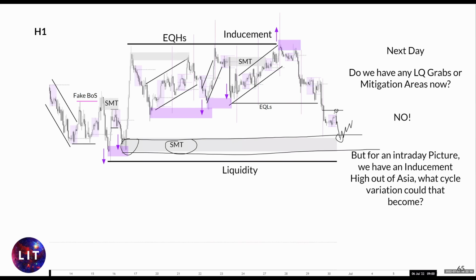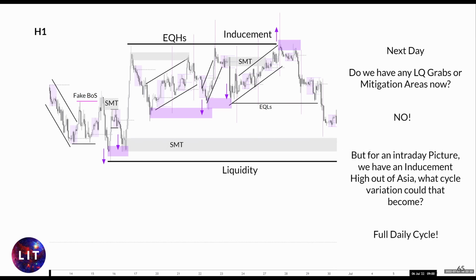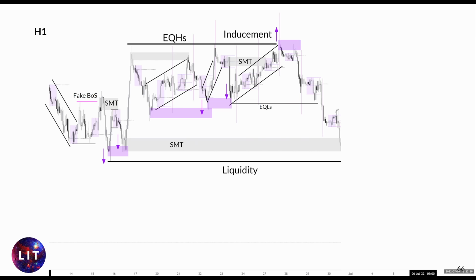What is this day then becoming? If this is inducement high, this taps into here, smart money trap gives a reaction. So inducement high, reversal in here. What's that? It's the full daily cycle. So let's see. Boom. Okay, perfect. Gives us our Mona Lisa entries in here. Okay, induces low into the smart money trap.